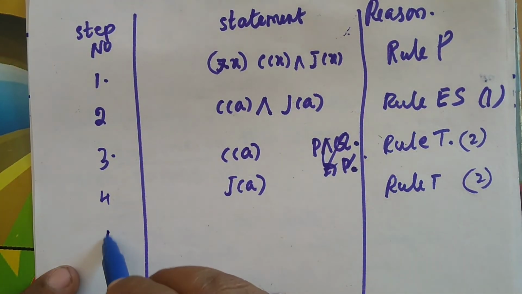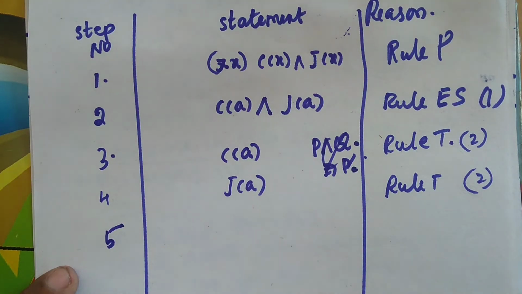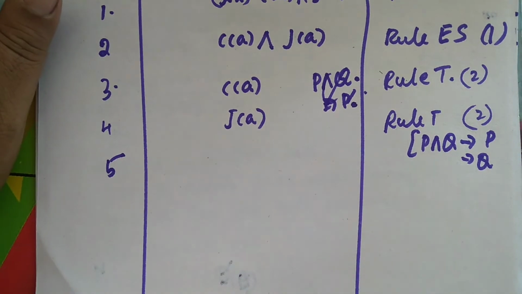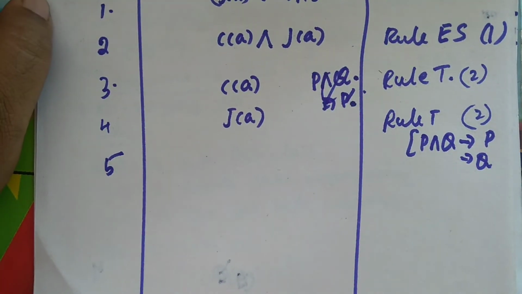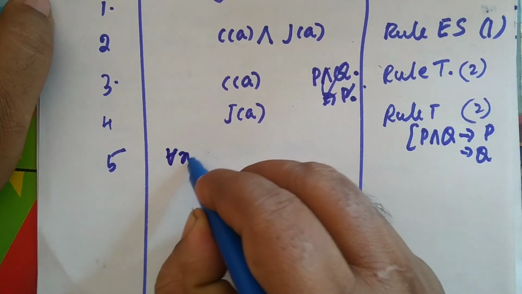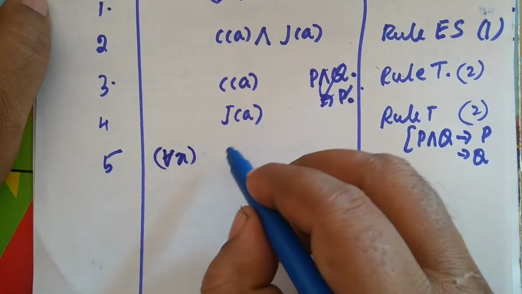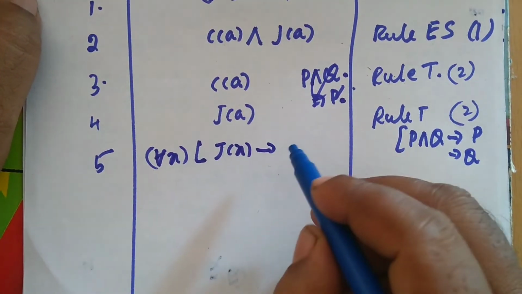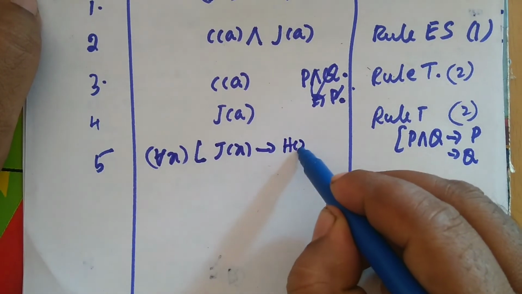Now the fifth one. Now we take the next one, that is for all x, j of x implies h of x.